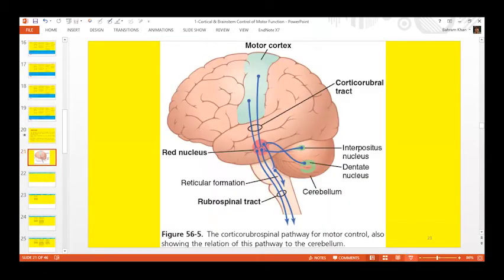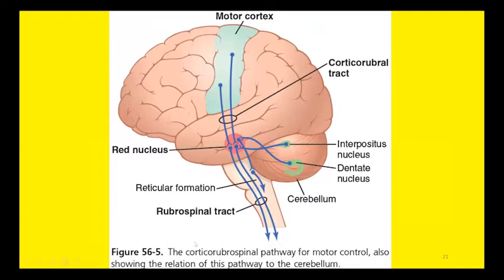And here you can see another pathway known as the cortico-rubrospinal pathway. Again, a descending pathway. In fact, this is a combination of two pathways, corticorubral and rubrospinal. Here you can see the corticorubral tract from the primary motor cortex towards the red nucleus, and the other is the rubrospinal tract from the red nucleus toward the spinal cord.